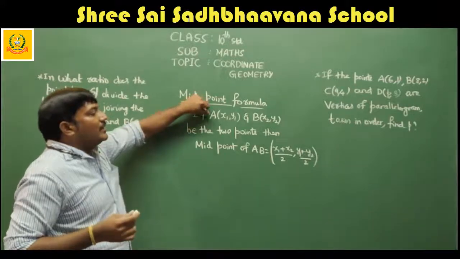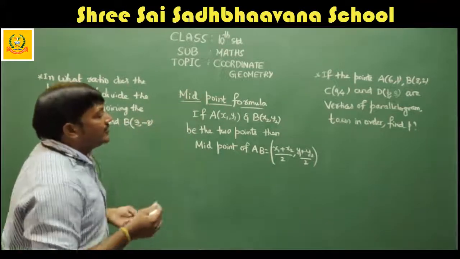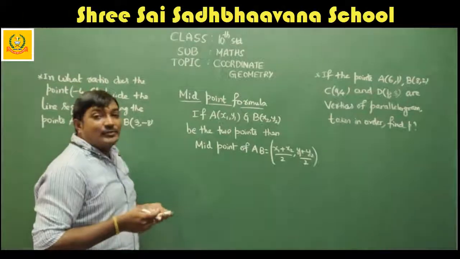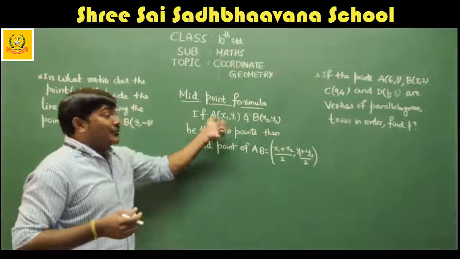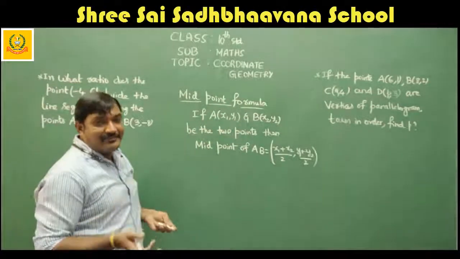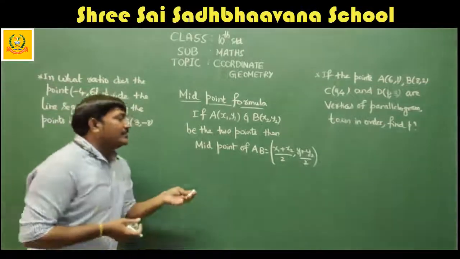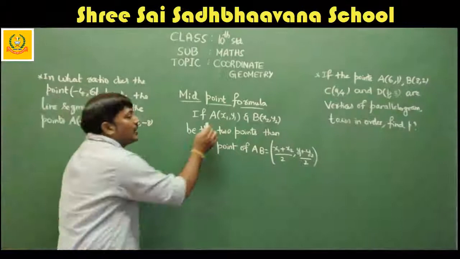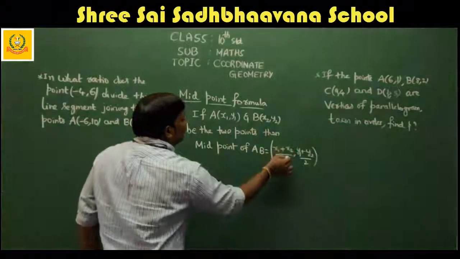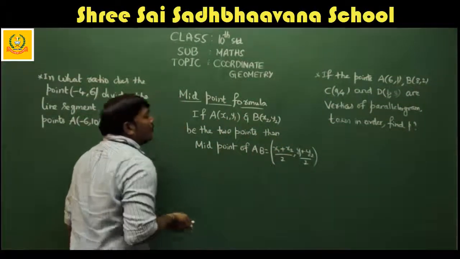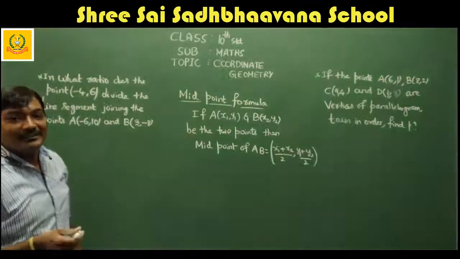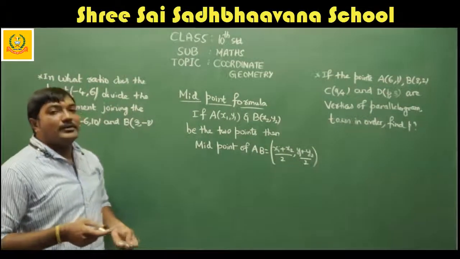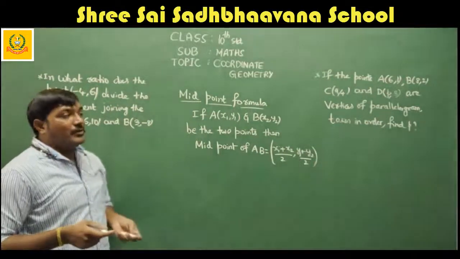If A(x1, y1) and B(x2, y2) are the two points of a line segment, then the midpoint of AB is found using this formula: (x1 plus x2 by 2, y1 plus y2 by 2). This is the formula you have to remember, and it is called the midpoint formula.